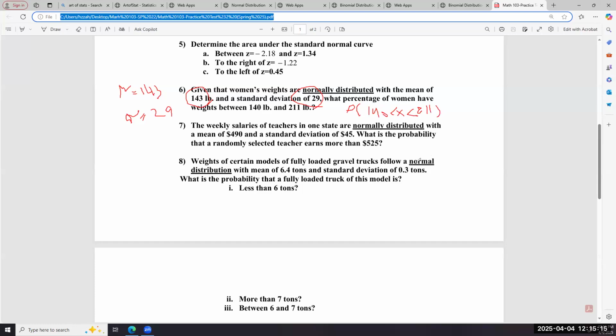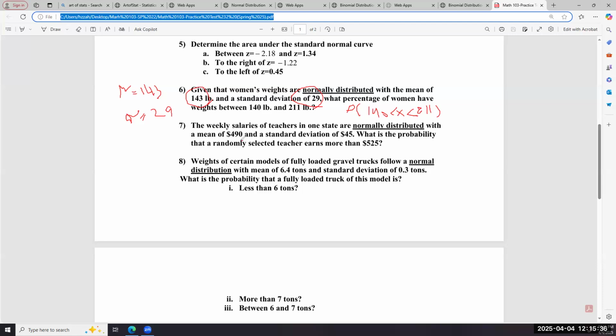So you identify the question and change it right away, in all the problems. Identify these two numbers first, and then get the symbolic format of your problem. I'm going to do it, but I'll explain the next one too. Weekly salaries of teachers in one state are normally distributed.